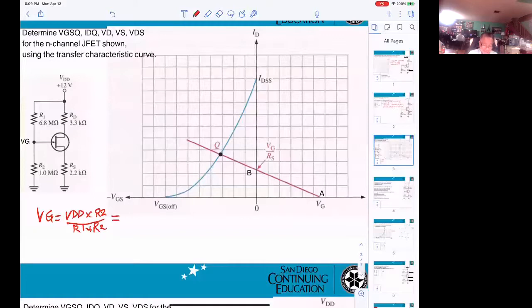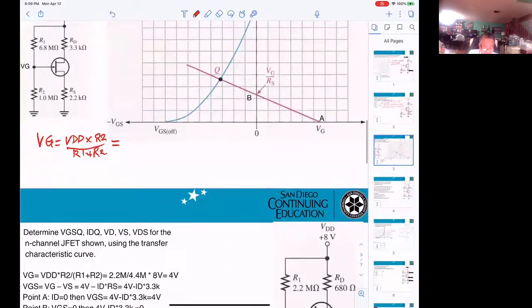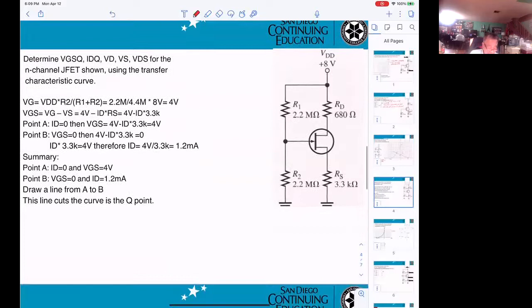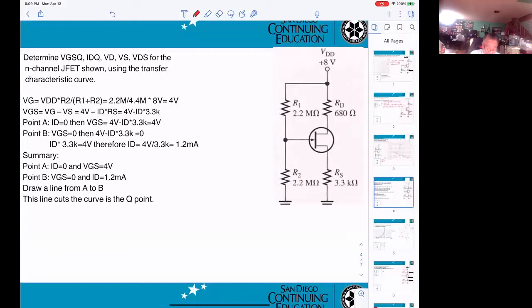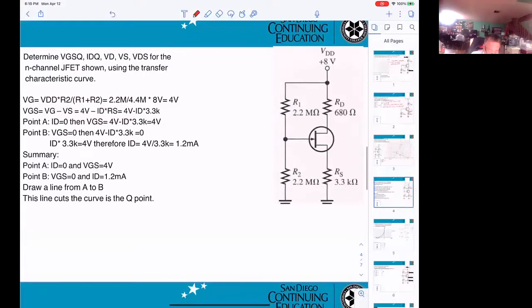Okay, that is what you need to get the VG. Okay, let's see. In here, I've given you the calculation. Hope you can go through it and understand.